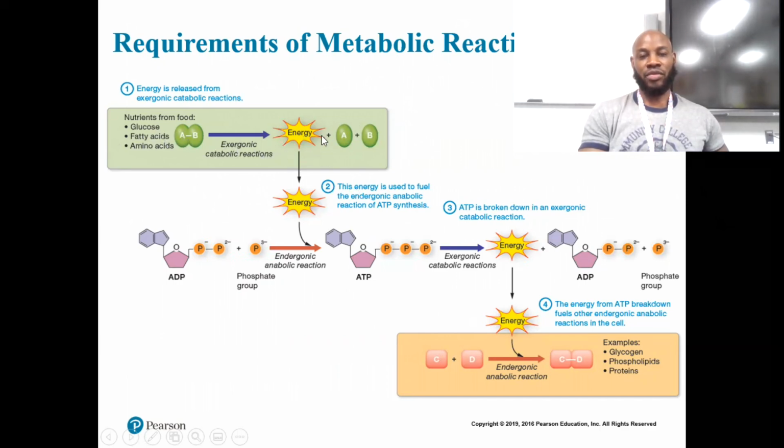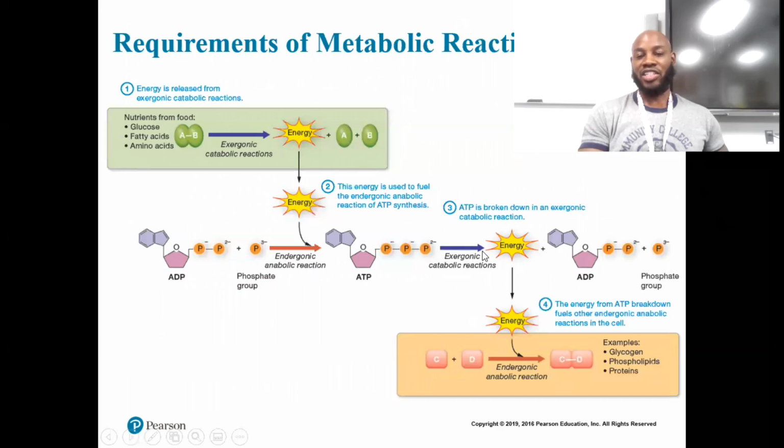We break them apart, so that's a catabolic reaction. It releases energy. That energy is used to take ADP, adenosine diphosphate, and create ATP, adenosine triphosphate. So that's endergonic, requires energy.